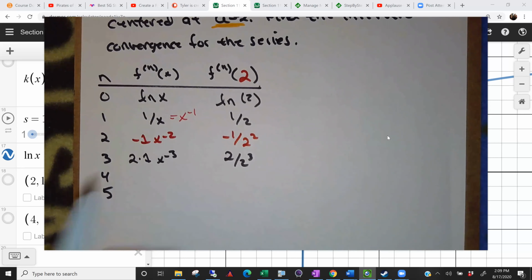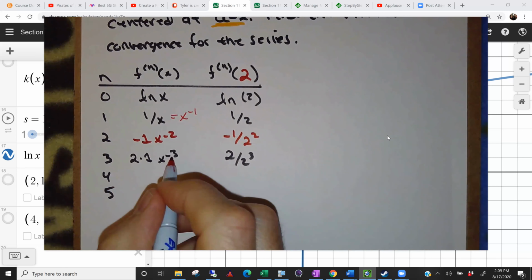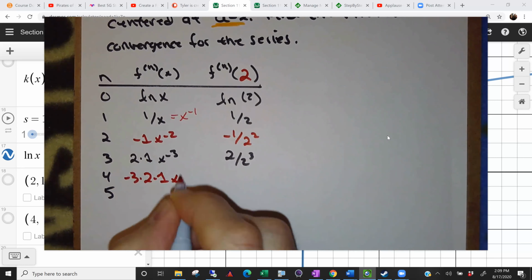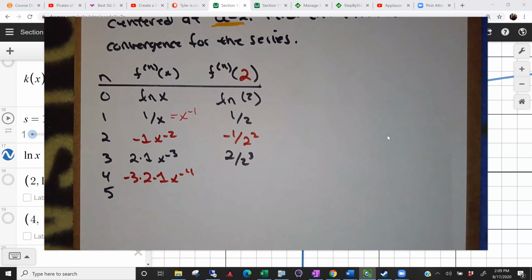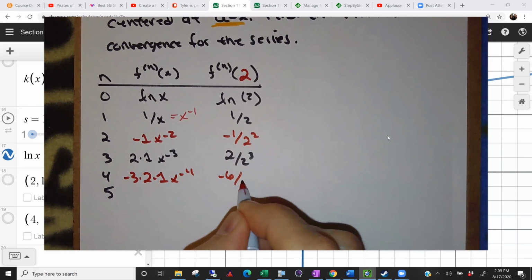How about the fourth derivative? Negative 3 times 2 times 1, x to the negative fourth. So negative 6 over 2 to the fourth.